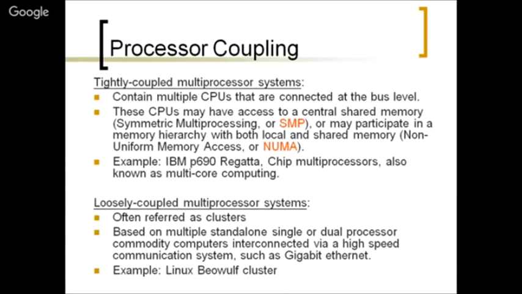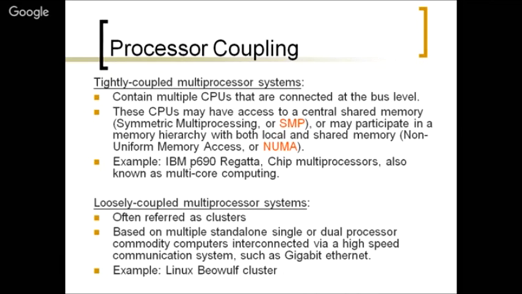Now, as we discussed so far, a multiprocessor contains more than one CPU, right? So how are those processors, or CPUs, connected? They can be connected in two types: one is called a tightly coupled multiprocessor system and the other a loosely coupled multiprocessor system.